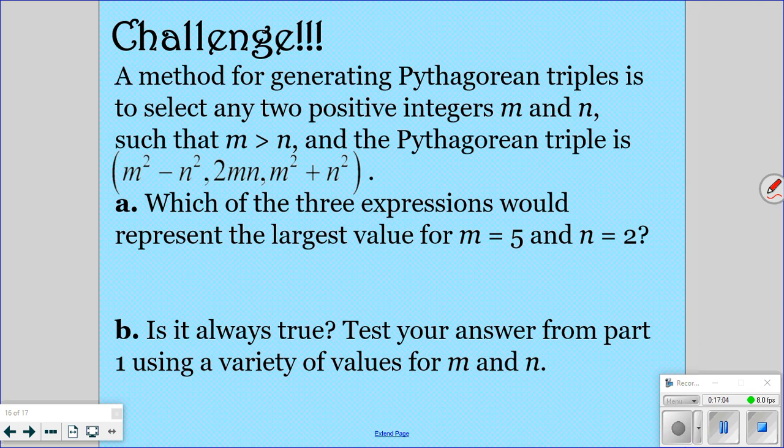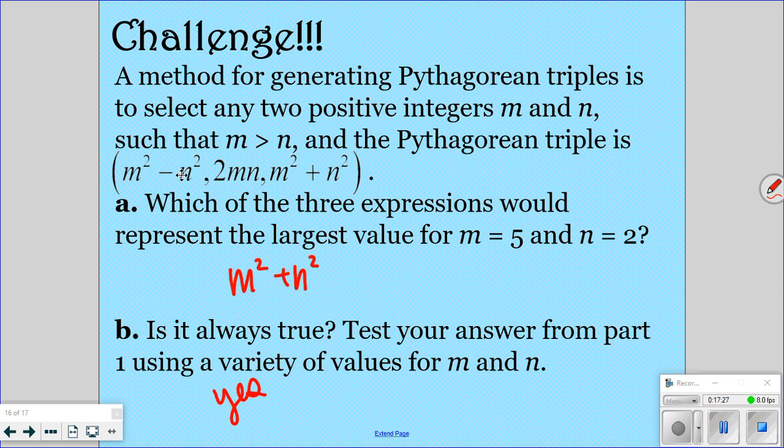Which of the three would represent the largest value for m equals 5 and n equals 2? Well, if you plug them in, this m squared plus n squared is going to be the biggest one. Is it always true? Yes, it is always bigger.